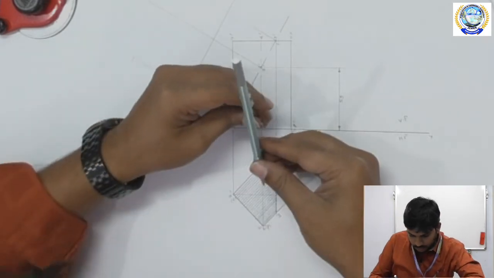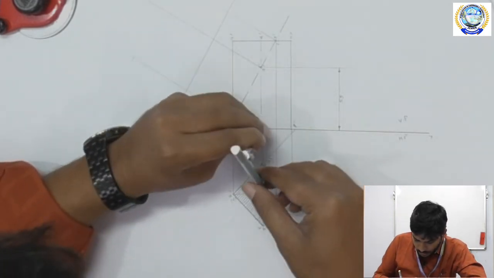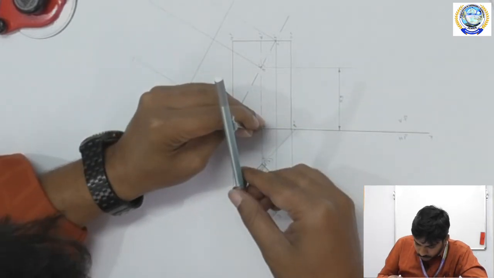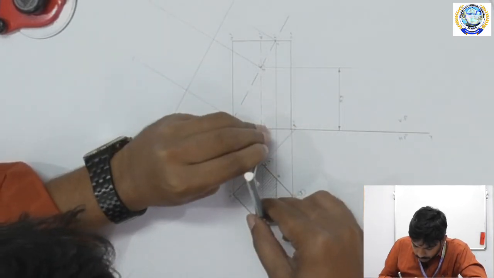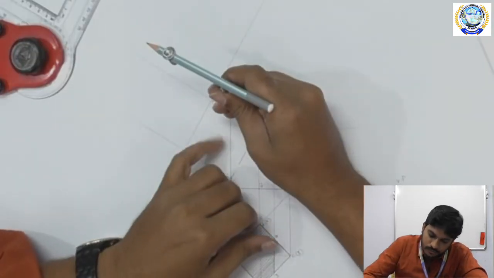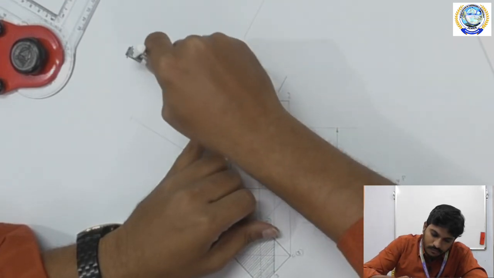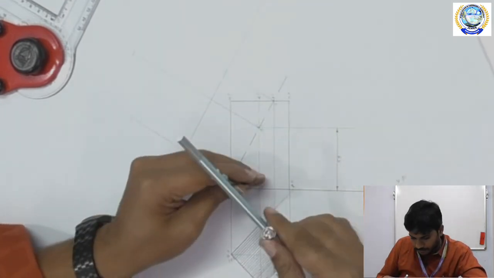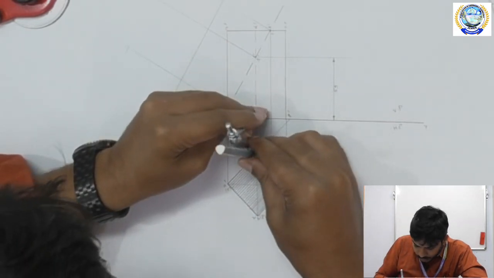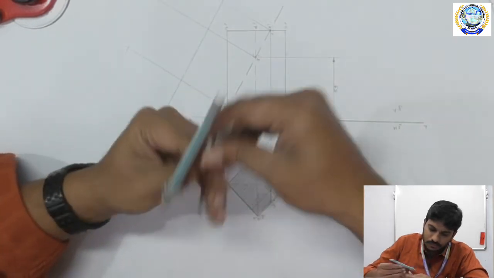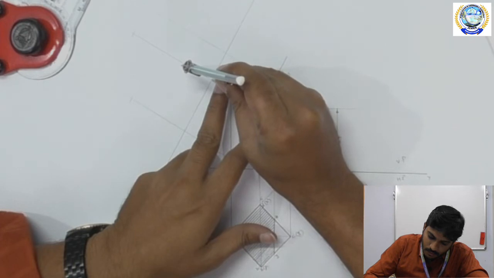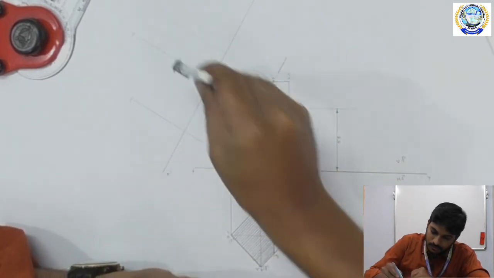So from base H dash to 2, take the distance with the compass, H dash to 2. Again H dash to 5.